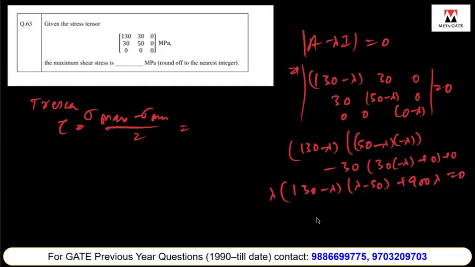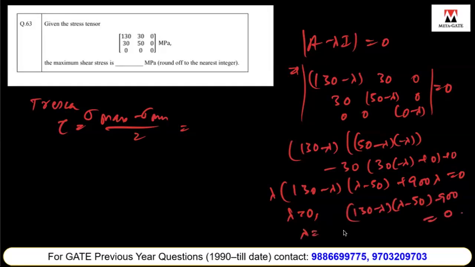So if you solve this equation, you'll get lambda is equal to 0, comma, 130 minus lambda into lambda minus 50 minus 900 is equal to 0.